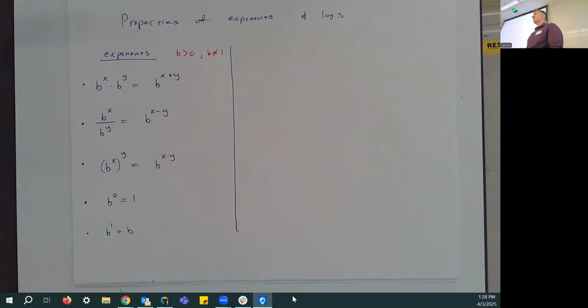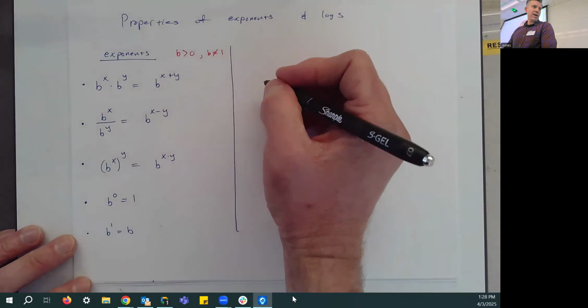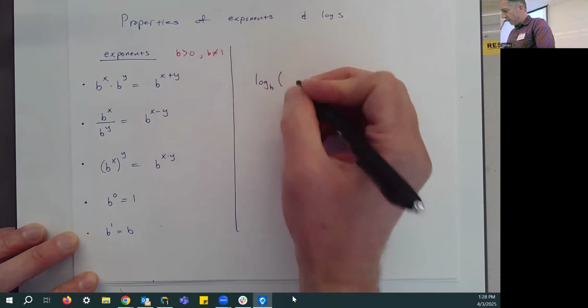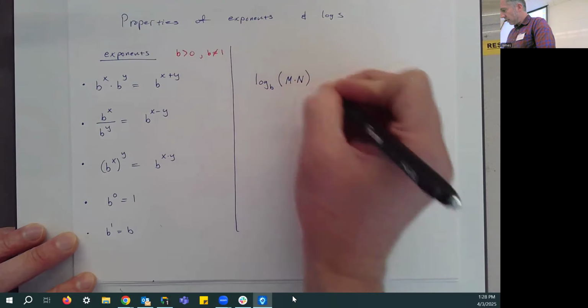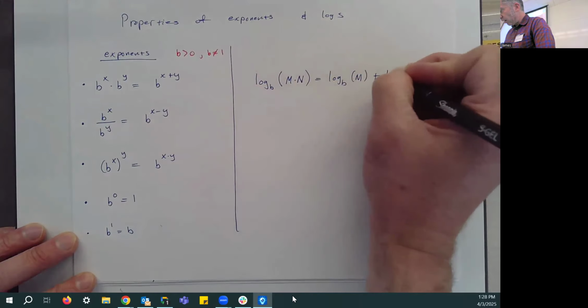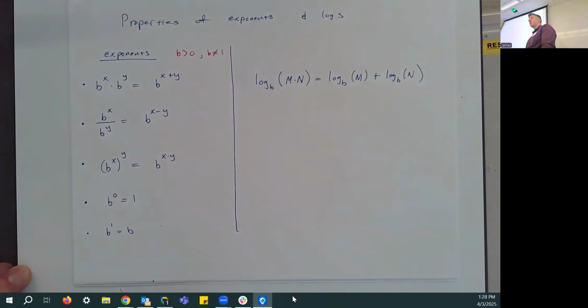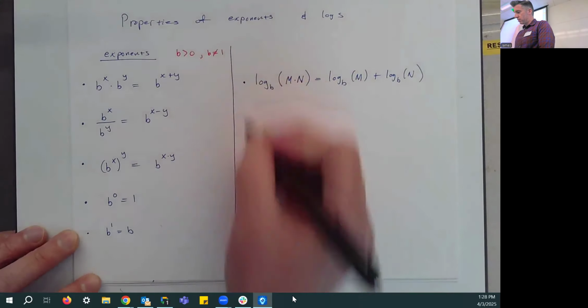Okay, there's some corresponding logarithmic things. If you have the log base b of m times n, it's equal to the log base b of m plus the log base b of n. So the log of a product is equal to the sum of the logarithms. Basically, you're breaking this up as the addition of logs.